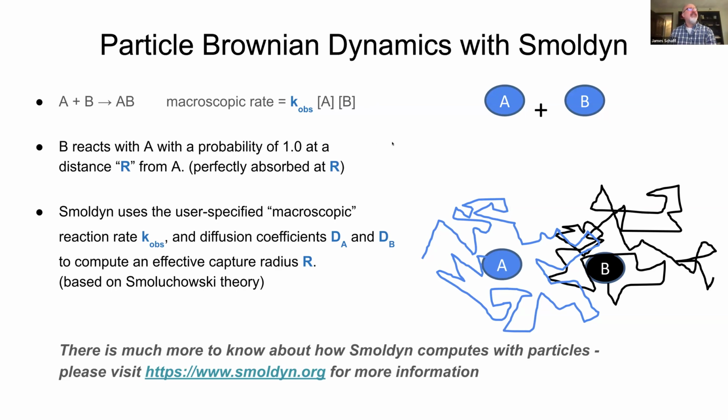The way this is handled in SmolDyn, now I'm going to describe the most basic case, but a lot more degrees of freedom come in when you start dealing with membranes and reflective boundary conditions and all kinds of things. But this is the very basic: for each step, this is a fixed time step method. You have molecules that do random walks according to Brownian dynamics and their diffusion coefficients.